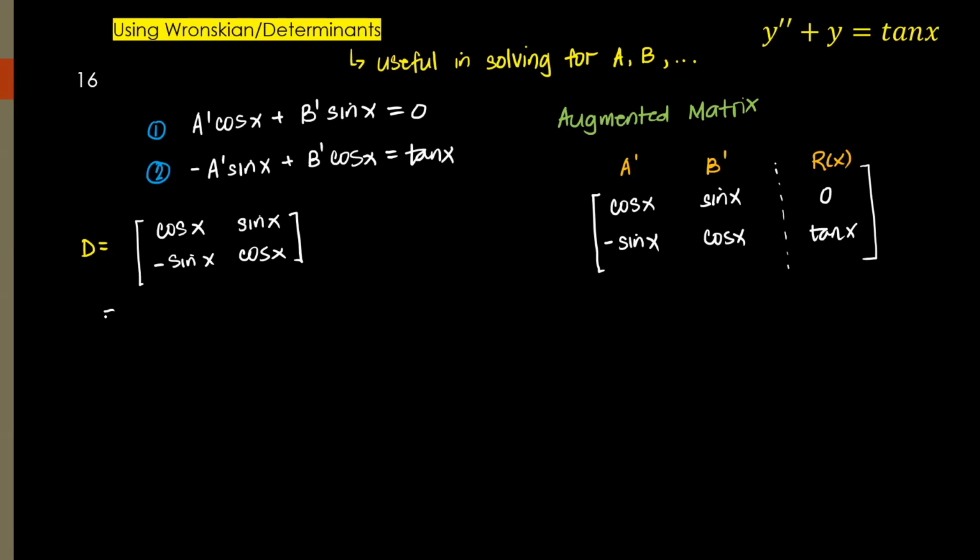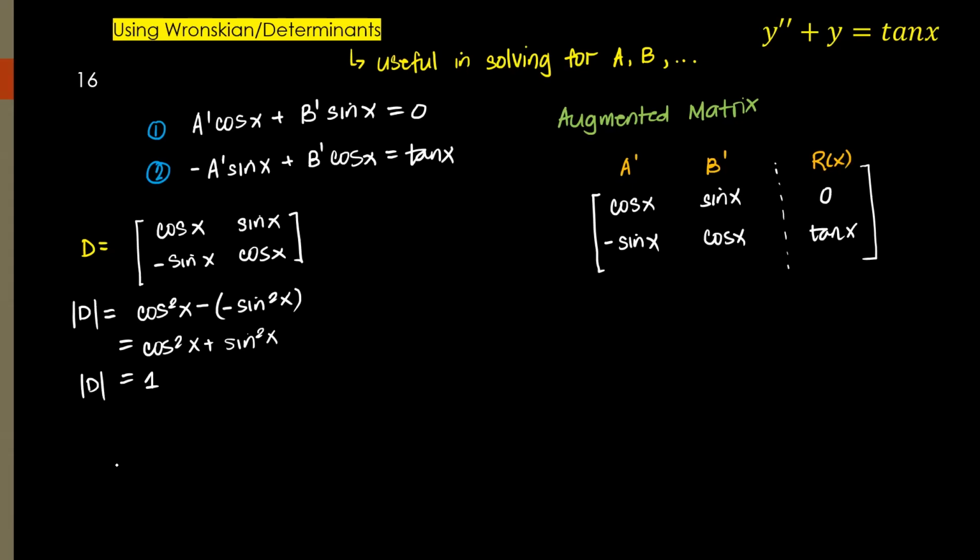So in order to solve for the determinant D, the primary diagonal, which is cosine squared of x, minus the secondary diagonal, negative sine squared of x. So this ends up as cosine squared of x plus sine squared of x, which is equal to 1. So I know that my determinant D is equal to 1.